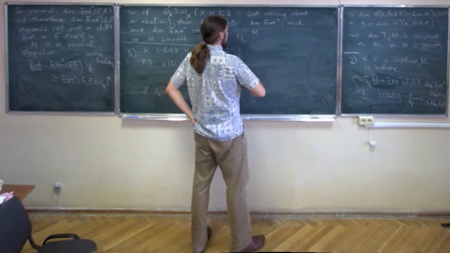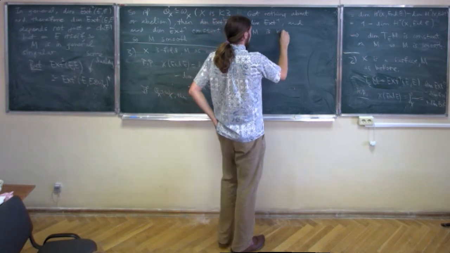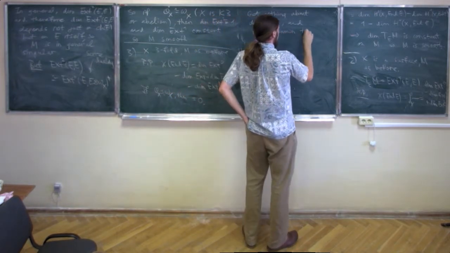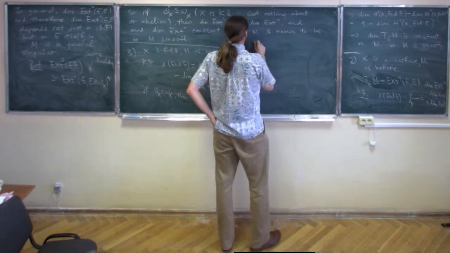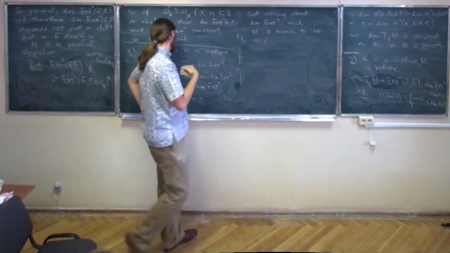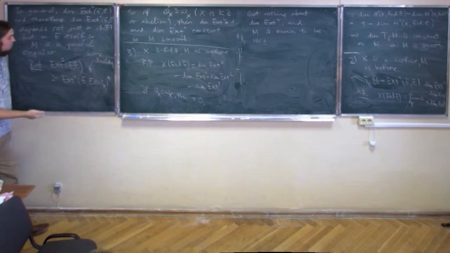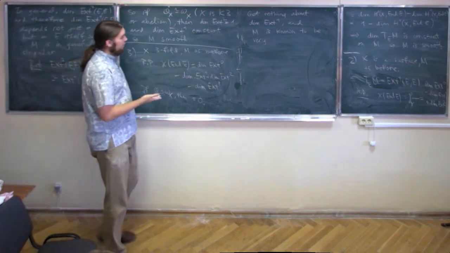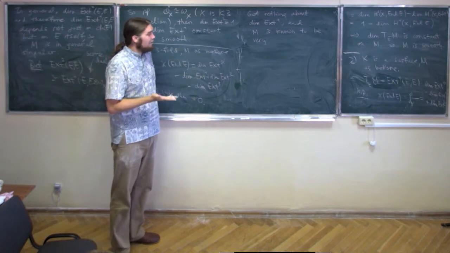And M is known to be very singular in general. In the case of surfaces, I said there were some results where you could control the codimension in which singularities appeared. There were some nice cases and so on. For threefolds, there are essentially no nice cases that you can think of.